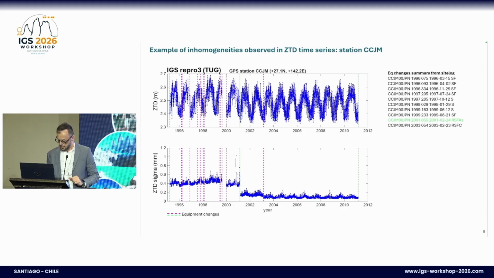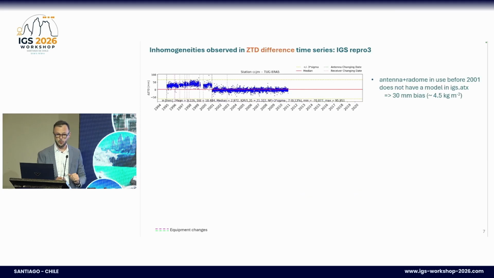And if we want to highlight the change, the jump in the ZTD time series, actually we need to focus on ZTD differences to remove all the climatic variability. So this is an example for the same station where we subtract the ERA5 reanalysis. Here you can clearly see the jump in 2001, and actually using a reference shows that in the period before the jump, there is a bias.